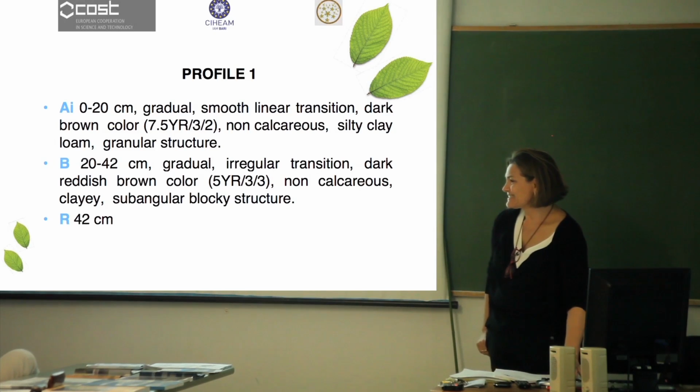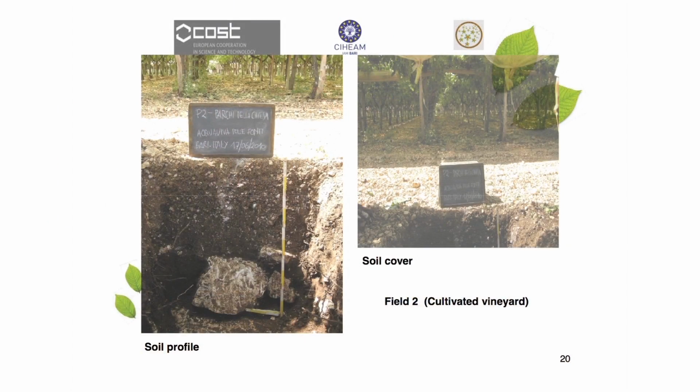Well, this is just an example. That is the layer that has expanded, and then there are the boulder rocks below. This is a lot of skeleton here. That was also what Ferrara was mentioning yesterday.